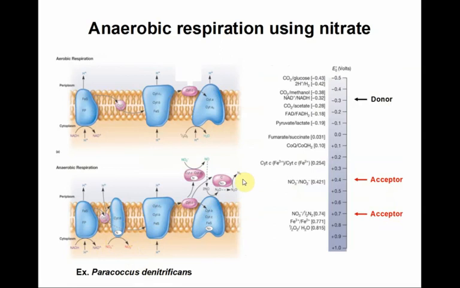So why does this work? Well, this works because NADH is a very good electron donor and nitrate is a very good electron acceptor. So nitrate to nitrite, very favorable. Nitrate to dinitrogen gas, very favorable.